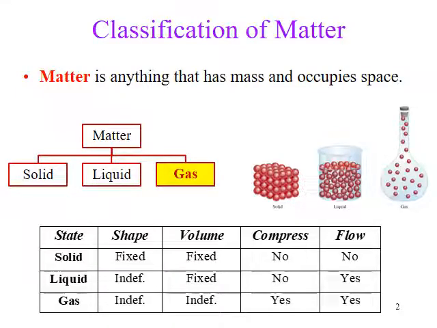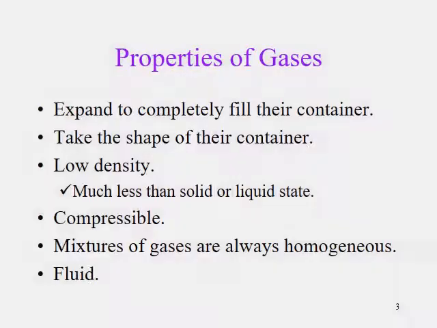Because of that, it's easy to compress gases. They can be compressed to a smaller volume because there is so much space between the particles. If we try to compress it, the space decreases. And the same is true for their ability to flow: gases can flow.